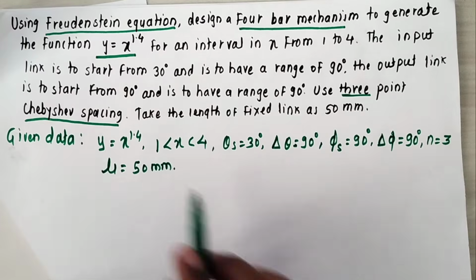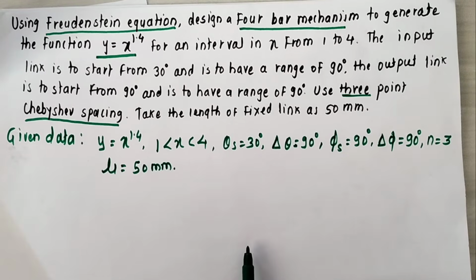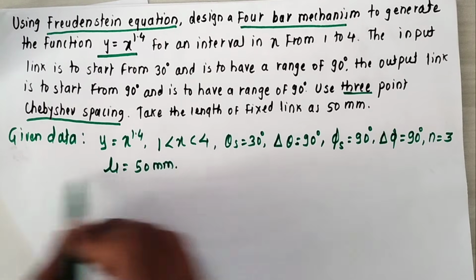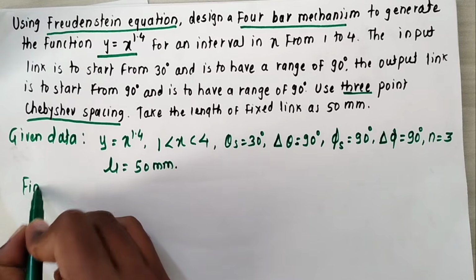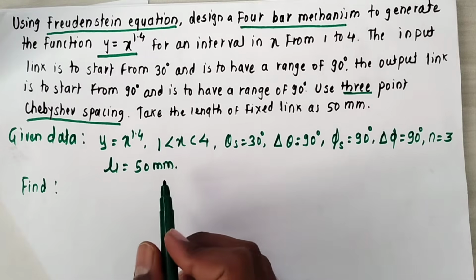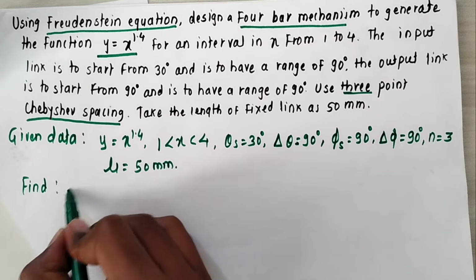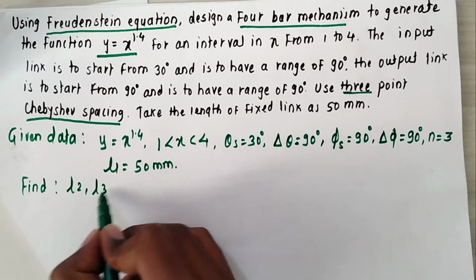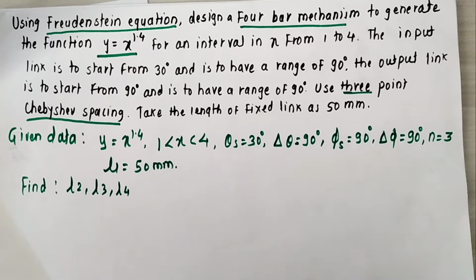So this is your given data for a synthesis problem, and what we need to find out is the different dimensions of that mechanism. L1 is known, so we need to find out L2, L3, L4, as the input and output angles are known to us.